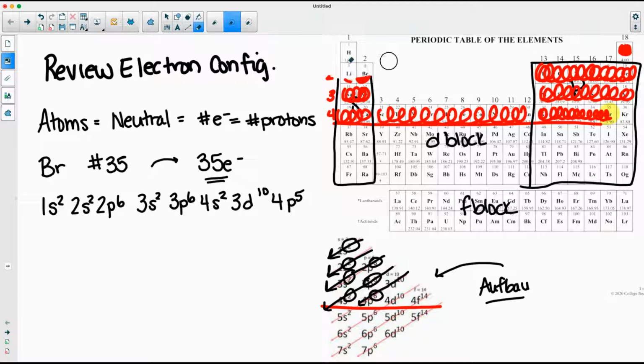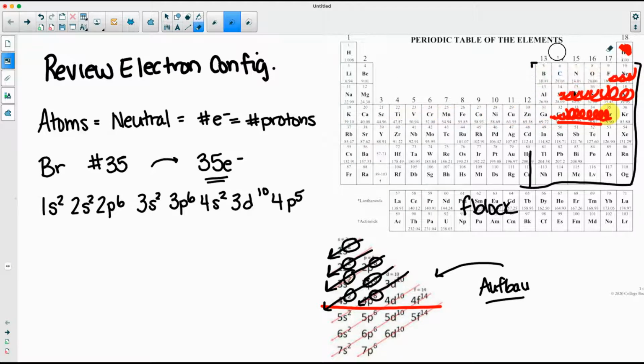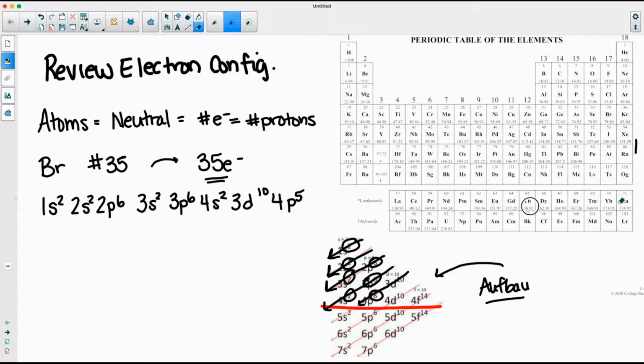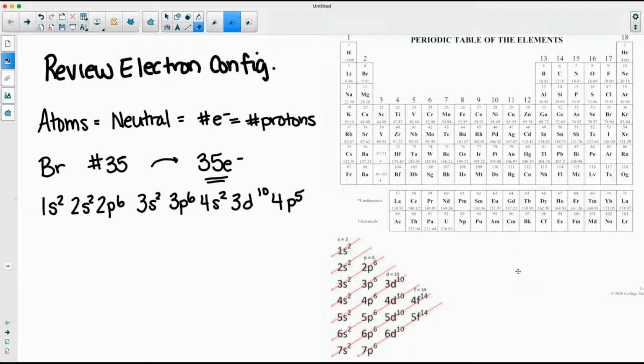Now, that is called the complete electron configuration. Sometimes that complete electron configuration is not very user-friendly, especially when we get to elements with lots and lots of electrons.